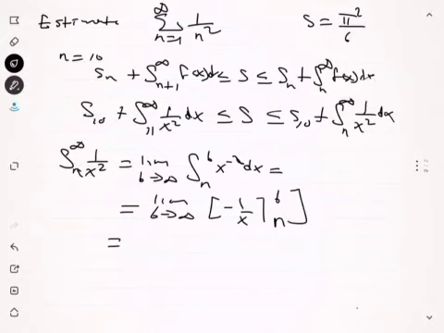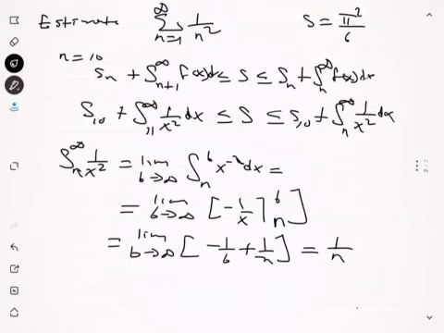So plugging in the b and the n, we get the limit as b approaches infinity of minus 1 over b plus 1 over n. And because we're taking the limit as b approaches infinity, n is constant, so we get 1 over n. In other words, the integral from n to infinity of 1 over x squared dx equals 1 over n.